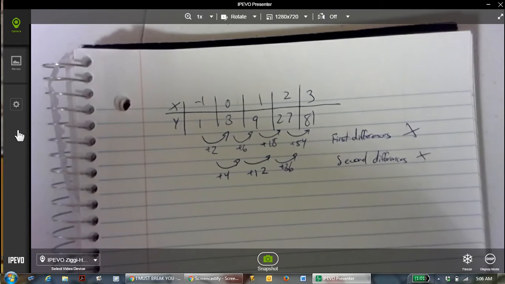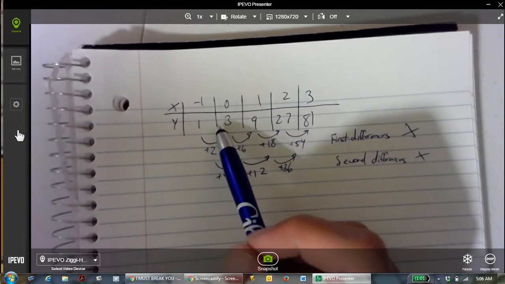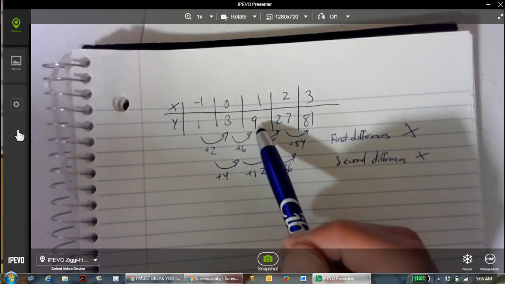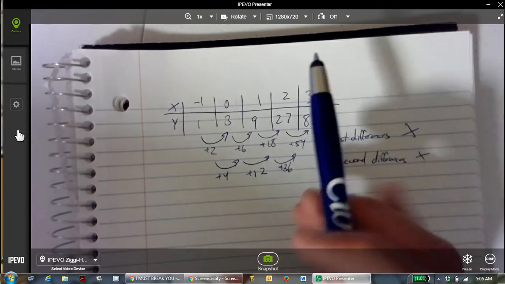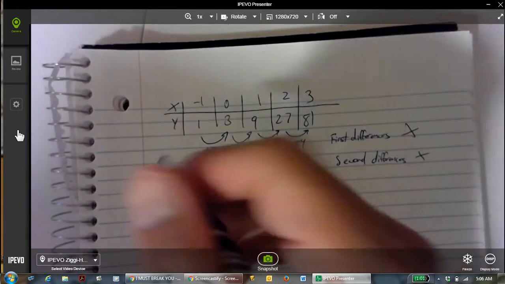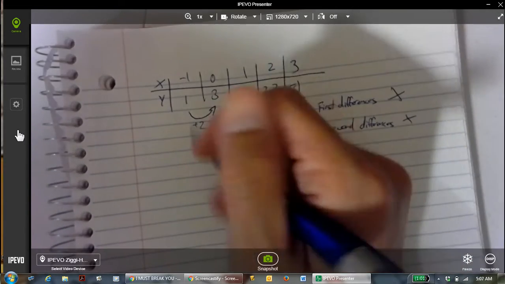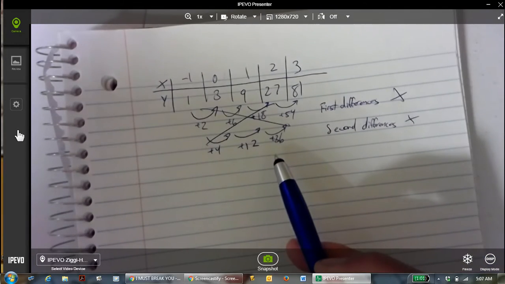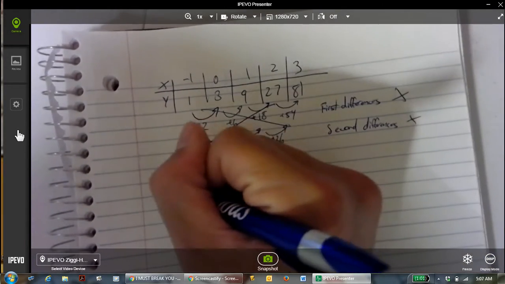How about if, instead of just subtracting or adding, we see if there's some kind of division going on? So I'm going to say these tests didn't work, and I'm going to rewrite this.